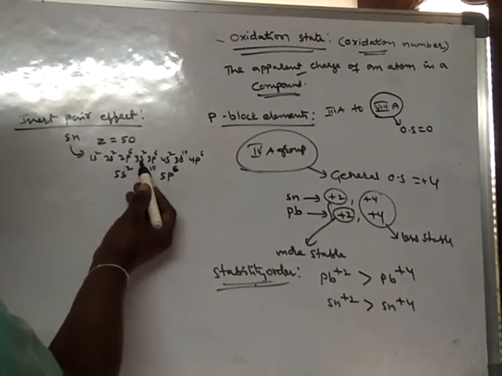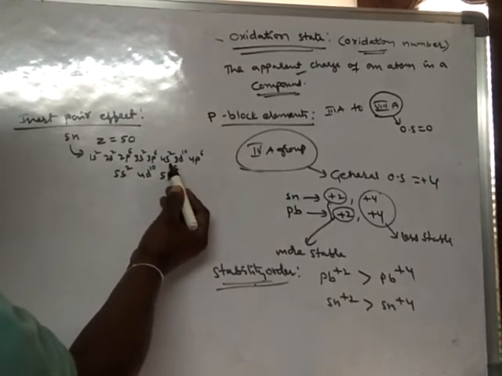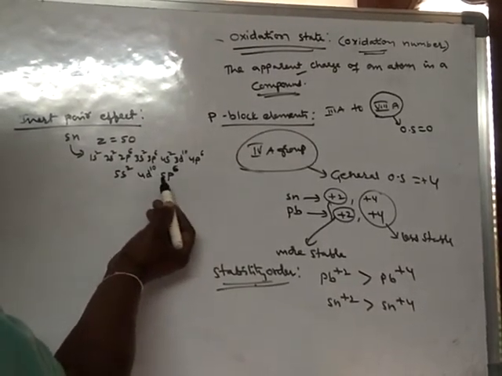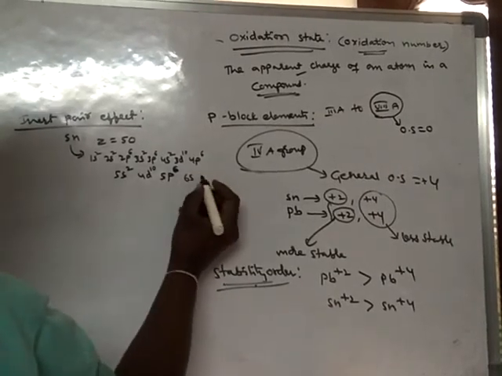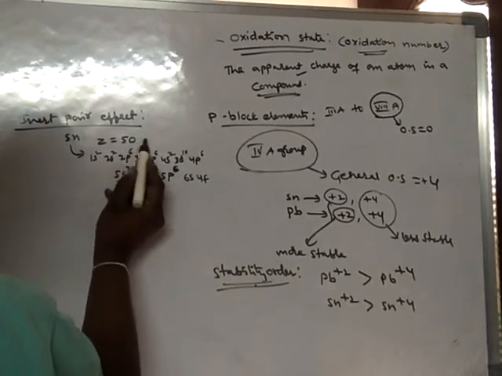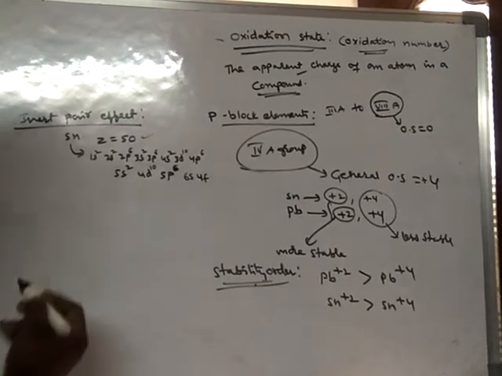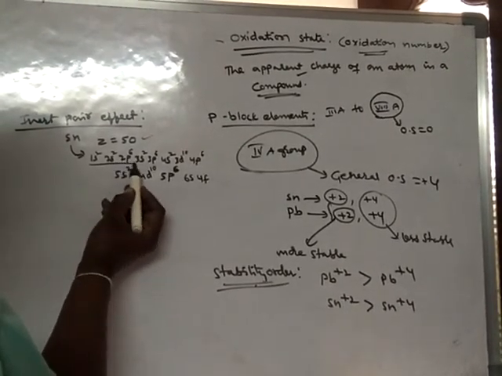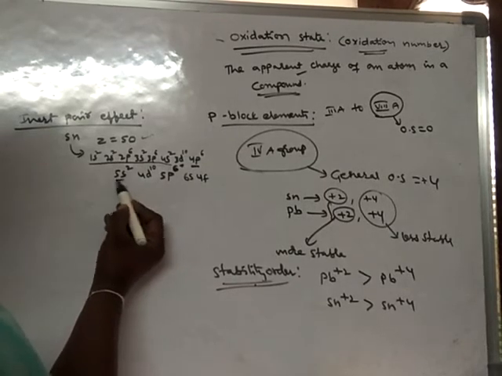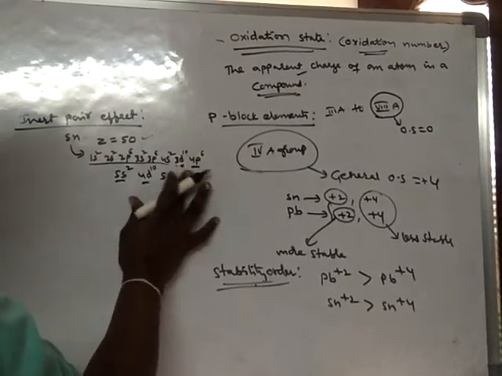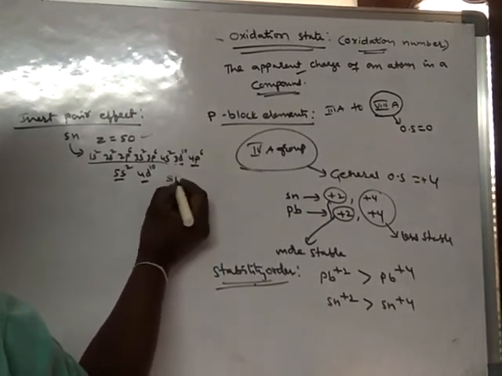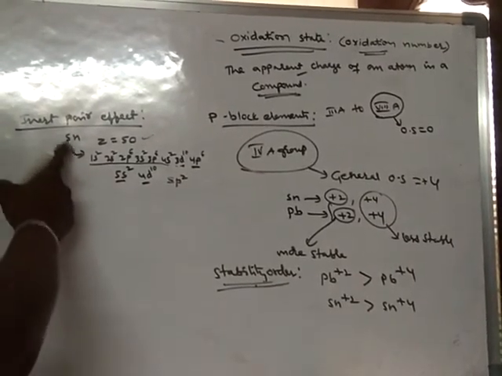So 1s2, 2s2, 2p6, 3s2, 3p6, 4s2, 3d10, 4p6, 5s2, 4d10, 5p2, altogether 50 electrons. So what is the last orbit in tin?